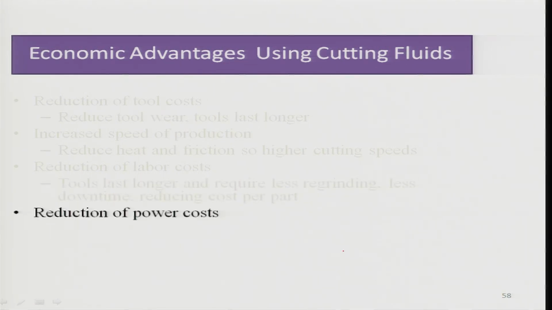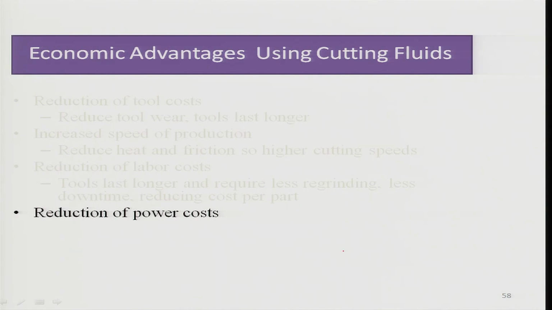And then finally, there is the reduction of power costs, because of the additional advantage of formulating a zone which either acts as a lubricant or as a coolant, and reduces the temperature.